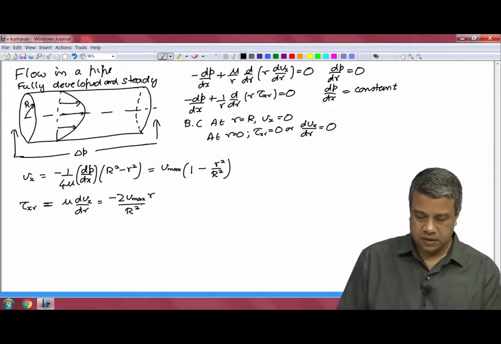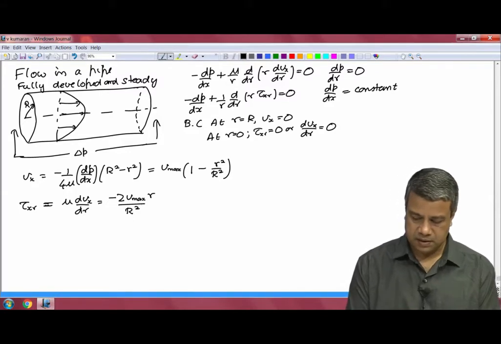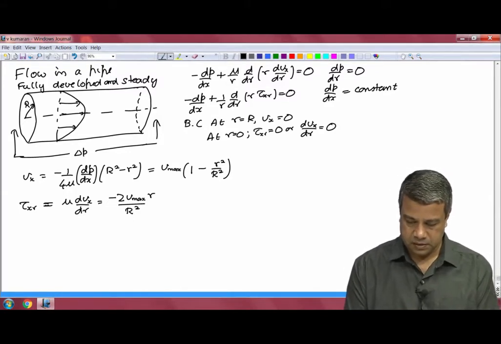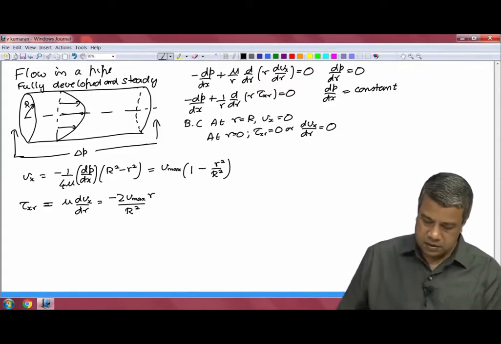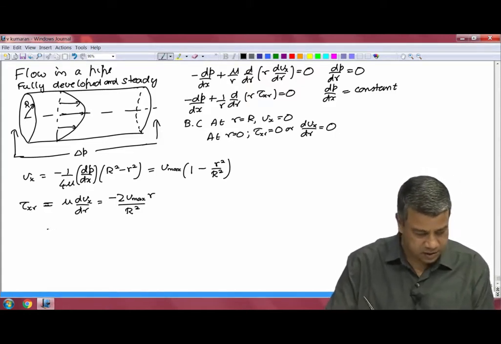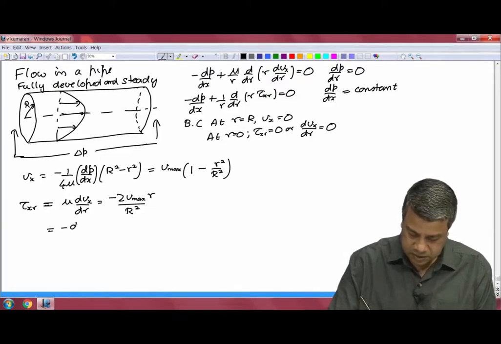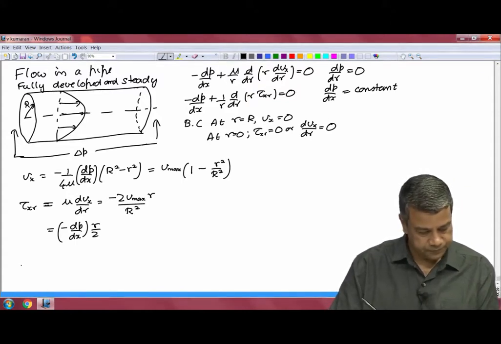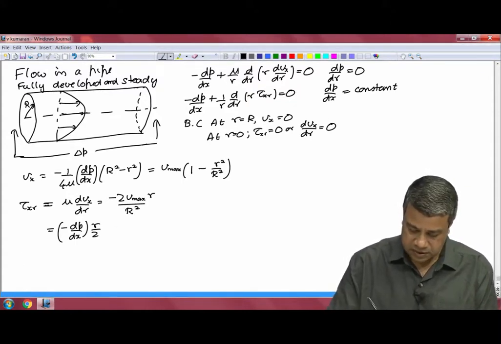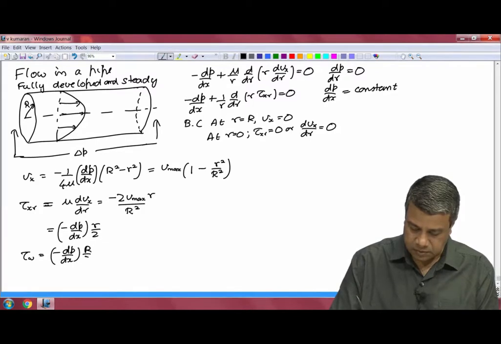That was equal to the shear stress, and this can be written in terms of the pressure gradient as equal to minus dP by dx into r by 2. And the wall shear stress was minus dP by dx into R by 2.